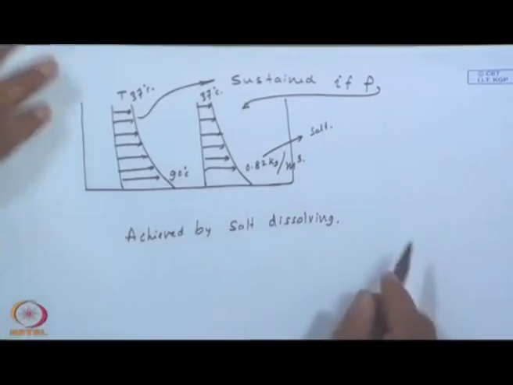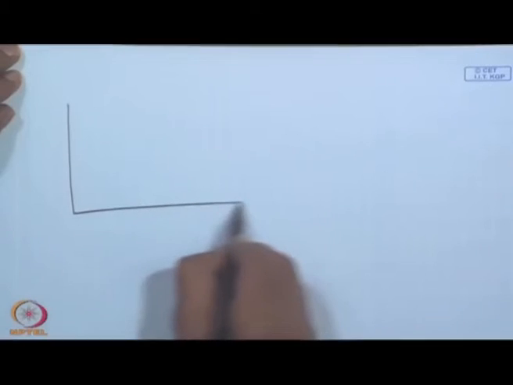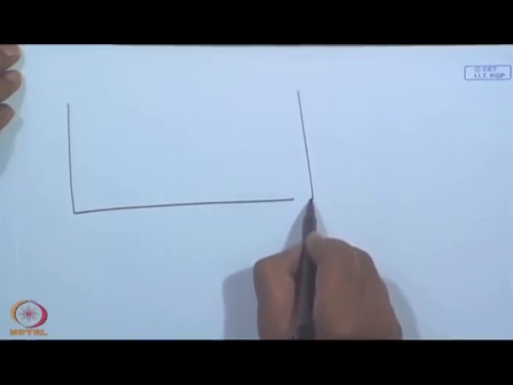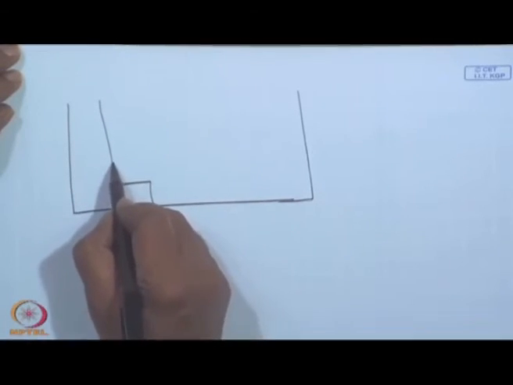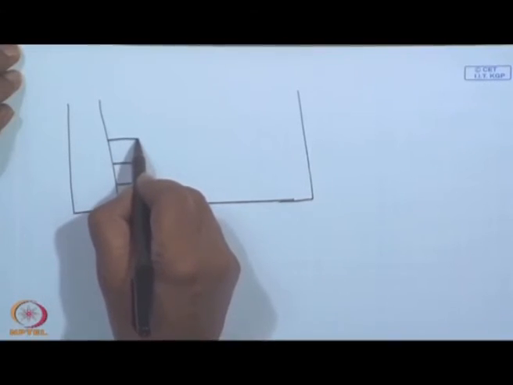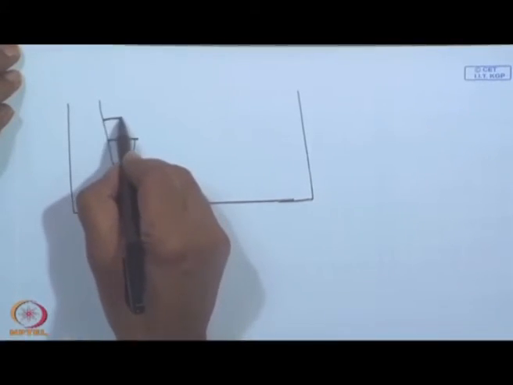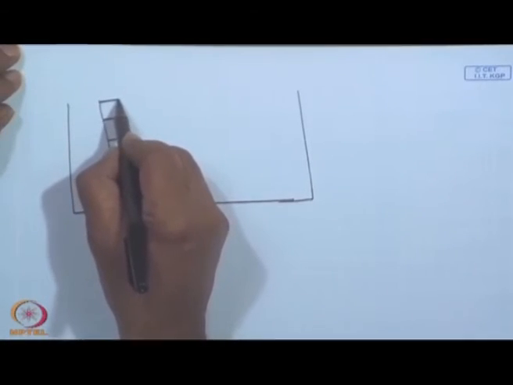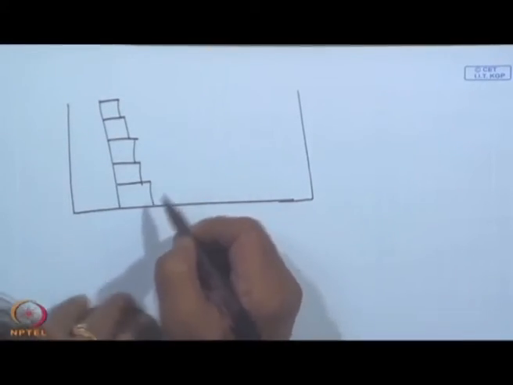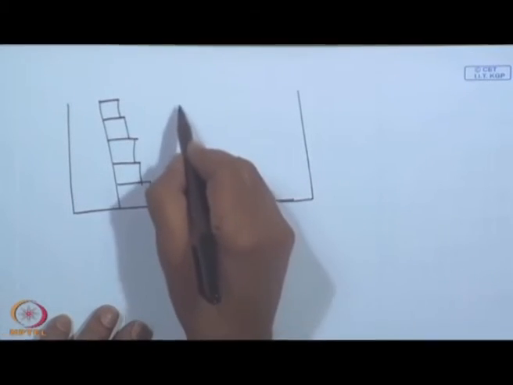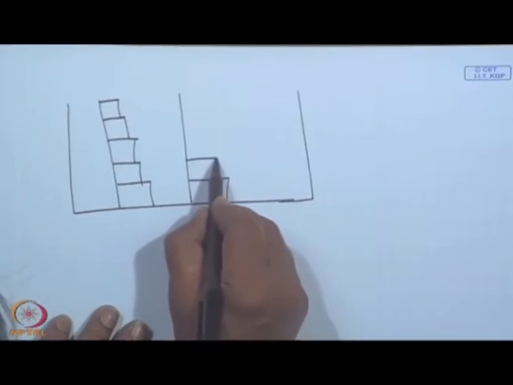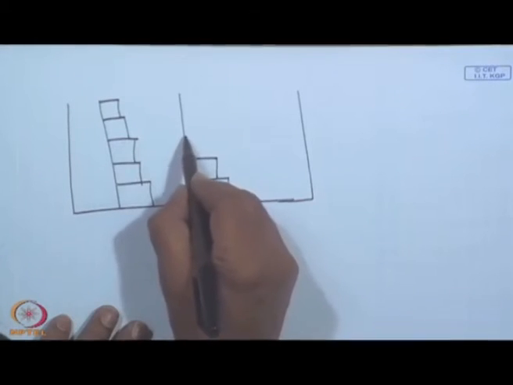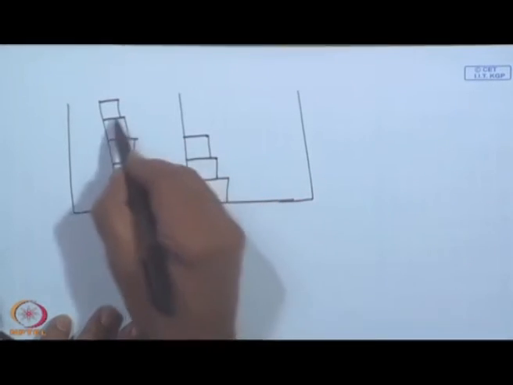So, like that, if I discretize it, I will have a solar pond with temperatures continuously decreasing like this, and the corresponding densities will also be decreasing.